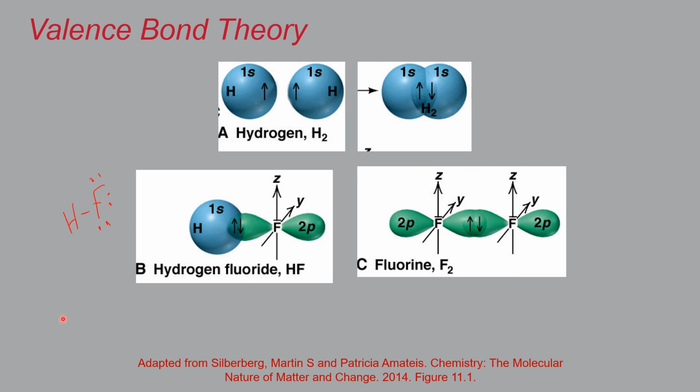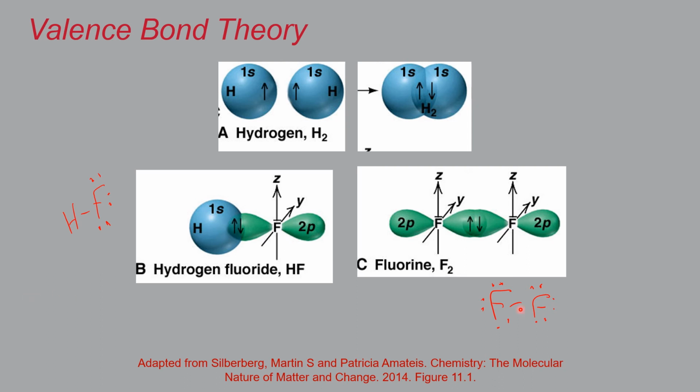And for F2, hopefully you would give me a Lewis structure that looks like this. Again, what's the nature of that single bond in the middle?